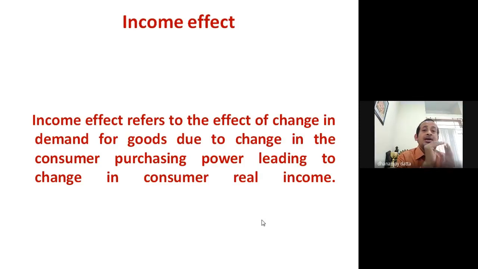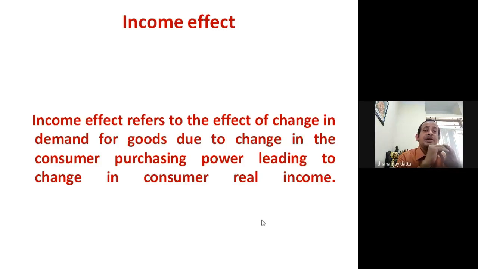Okay, and if we think about the large quantity of products, or it happens frequently, then that will affect the real income of the consumer. Real income means the income which is at the hand of the consumer, or savings at the hand of the consumer for expenditure.